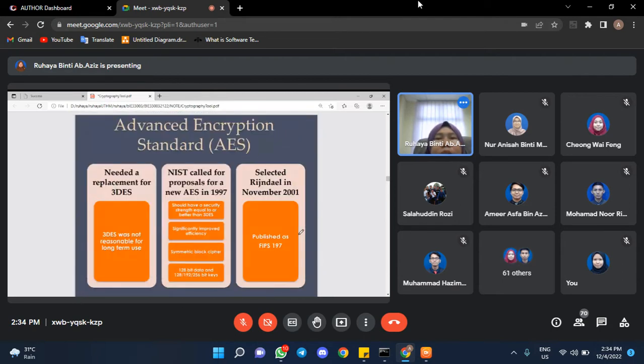And then they introduced AES. This one is needed as a replacement for 3DES. NIST called for a proposal for AES in 1997, and it came out in 2001.